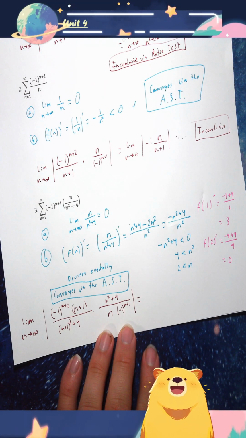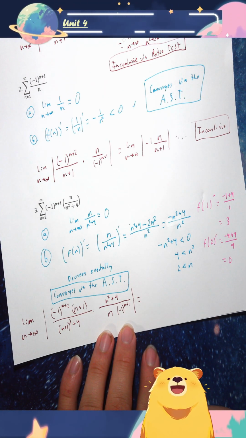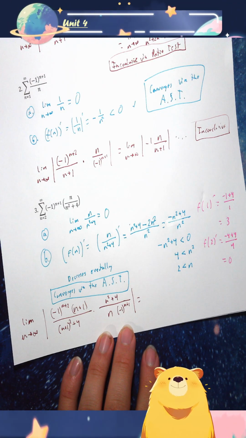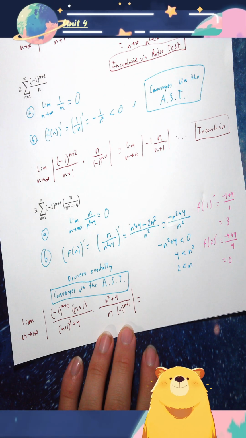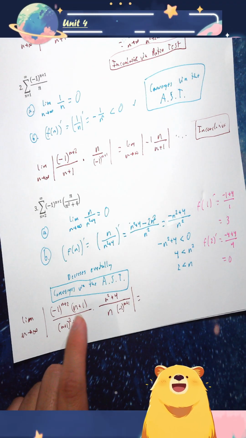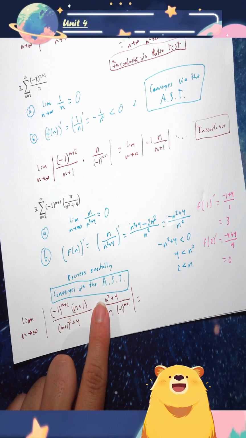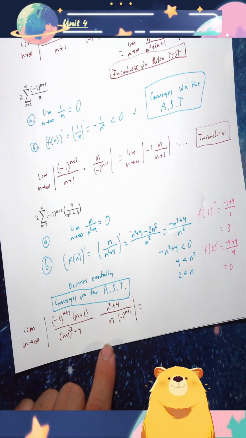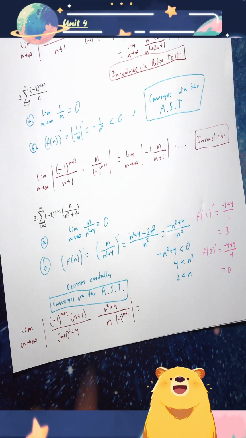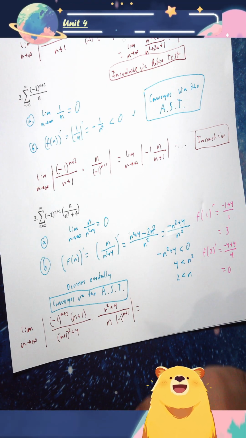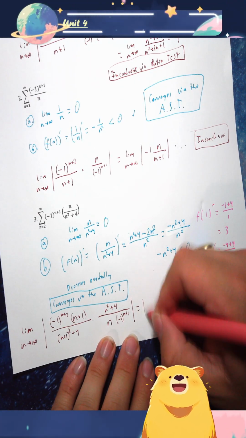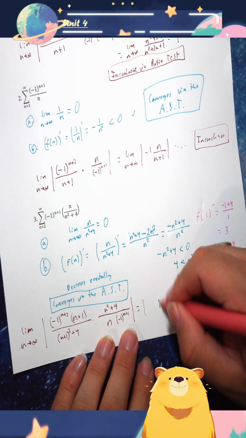From here, you'll get power 3, so it'll be balanced and the leading coefficients will be 1. So the limit is equal to 1, which is inconclusive.